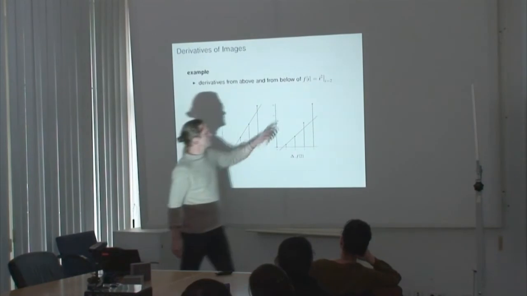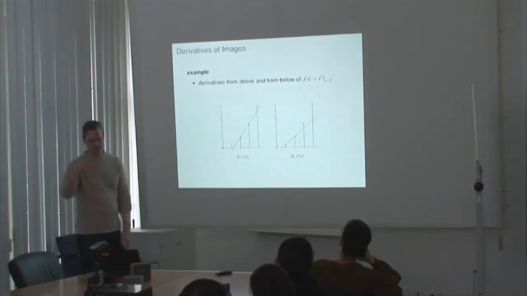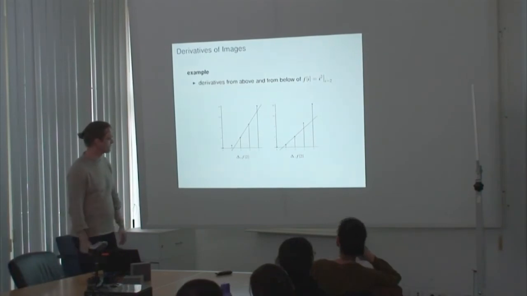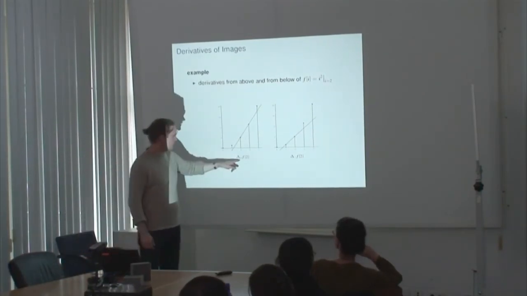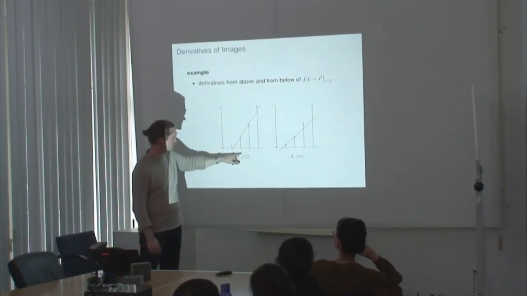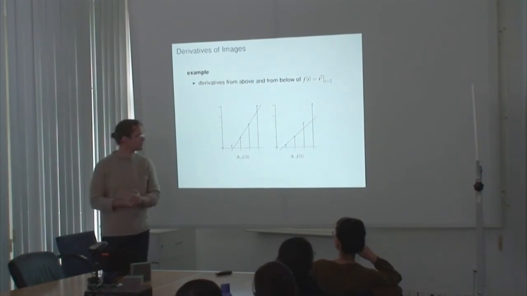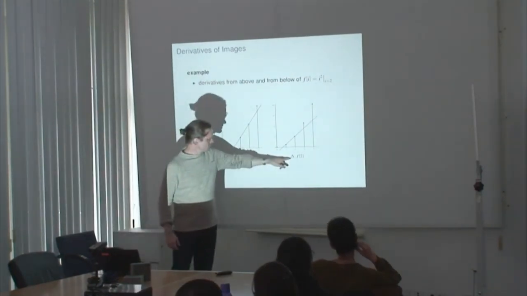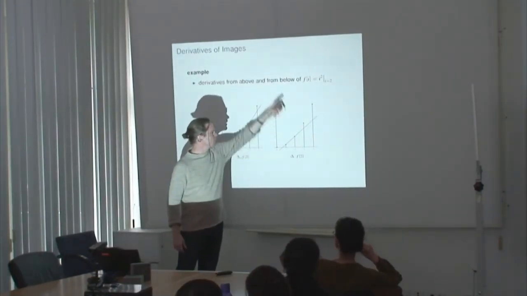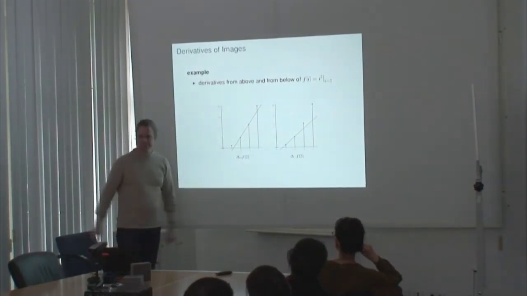And it is indeed the function I square, so it's the discrete equivalent of the continuous function we have looked at earlier. Here we see the derivative from above of I square at 2 is this line. It's again a linear function. And here we see the derivative from below of I square at 2. And they are different.